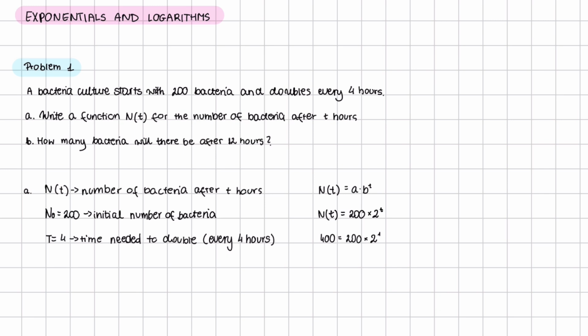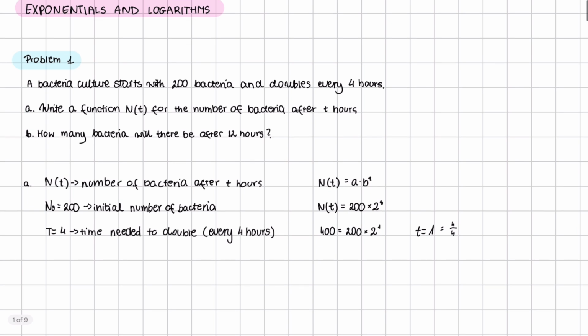But if our t is 1, we have to also include the information that our number of bacteria doubles every 4 hours. So our 1 can also be written as 4 over 4. From this point of view, we can substitute it into our function.